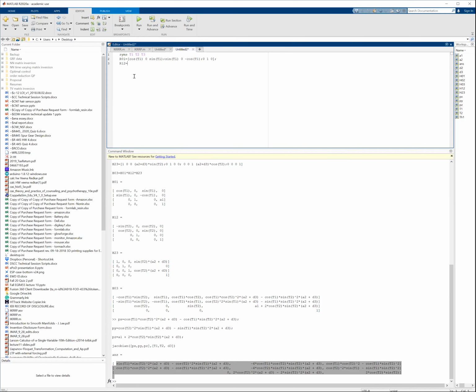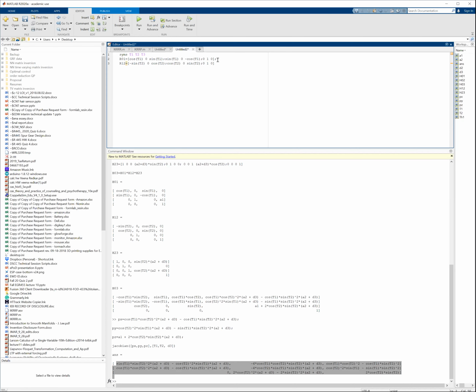Then I would have R12 equal to minus sine T2, 0, cosine T2, cosine T2, 0, sine T2, 0, 1, 0.